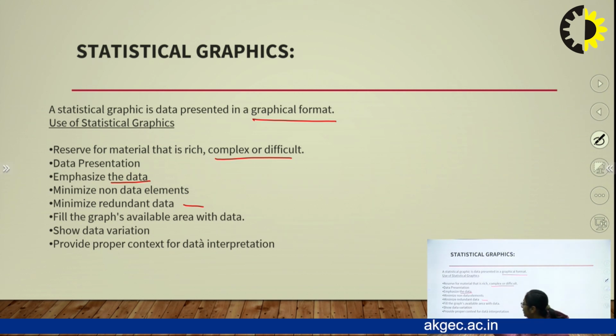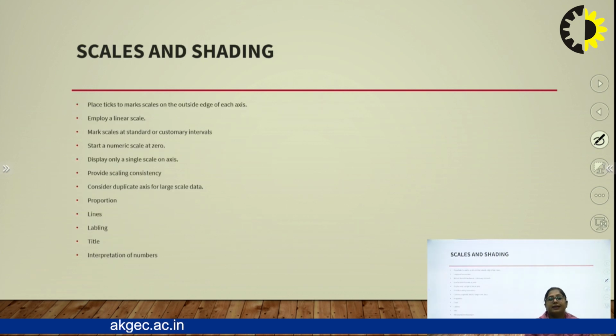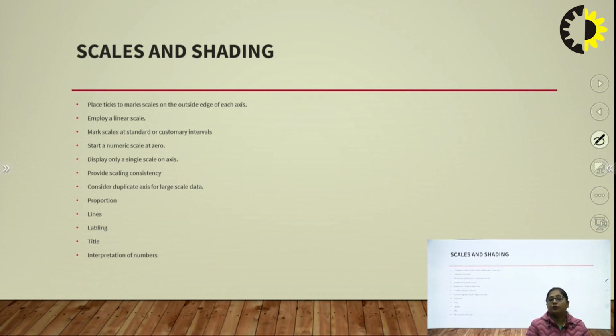If you want to find relationships between the data, you go for statistical graphics. Next, scales and shading. When we draw statistical graphics, we have to use some scaling and some shading. Let us discuss what scalings and shadings are.